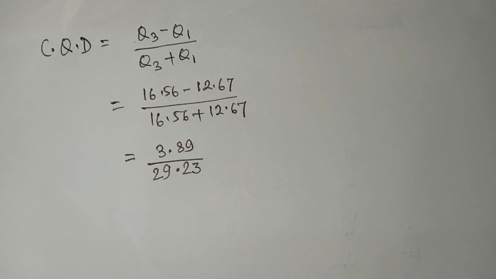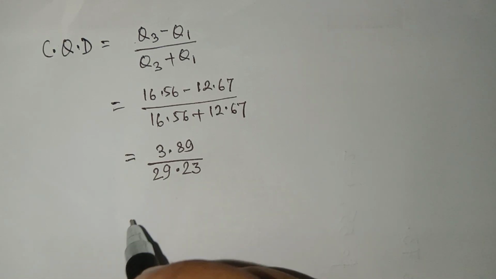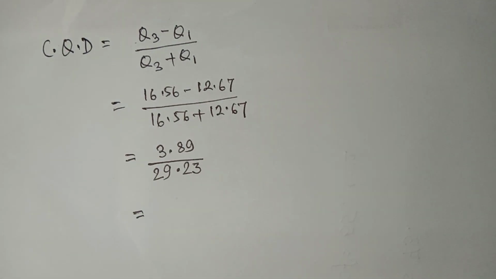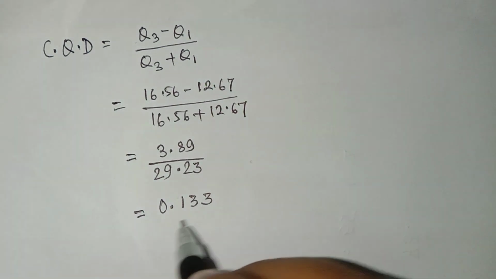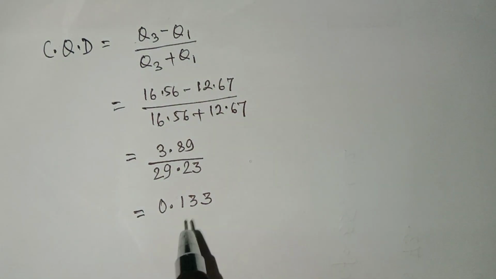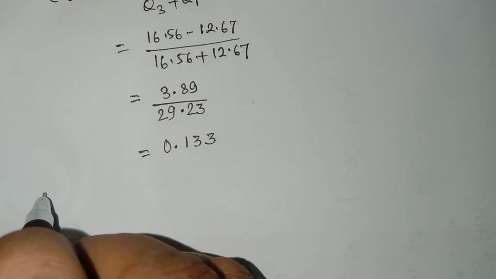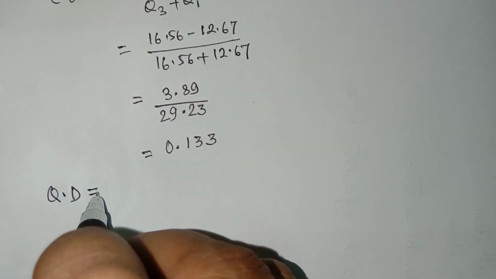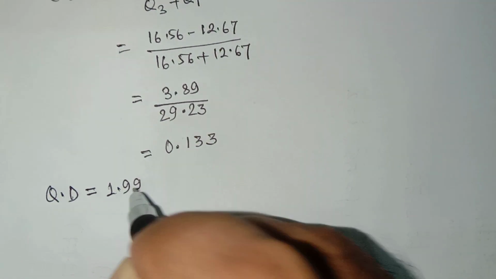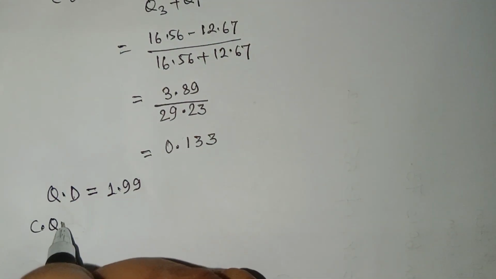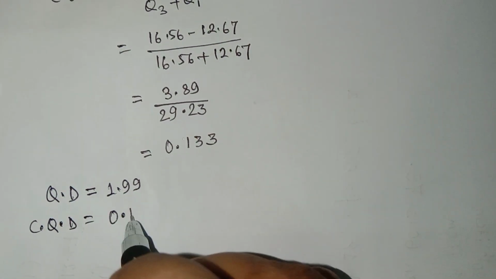We get 3.89 divided by 29.23, and this is equal to 0.133. So finally our answer is: quartile deviation is 1.99, and the coefficient of quartile deviation is 0.133.